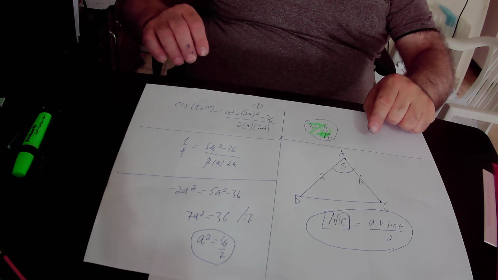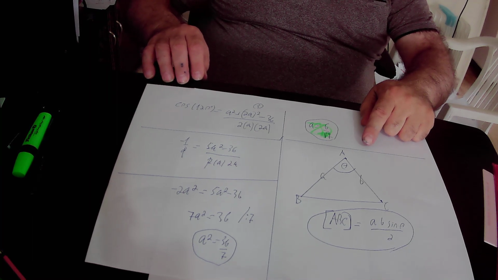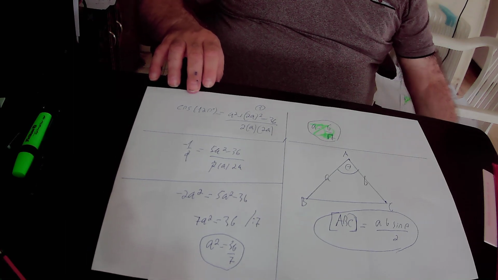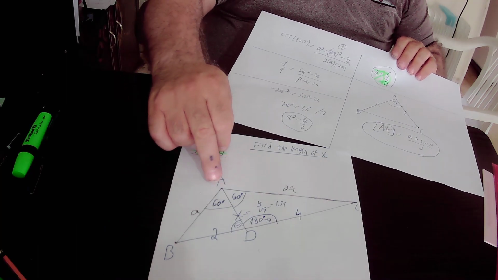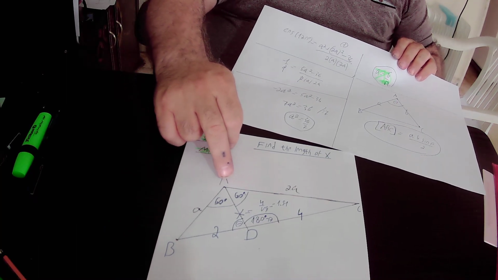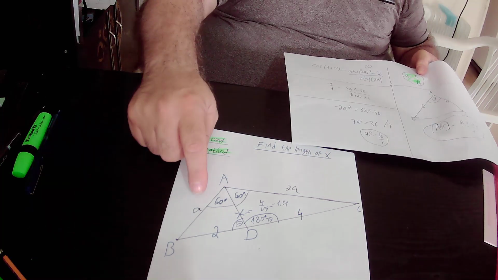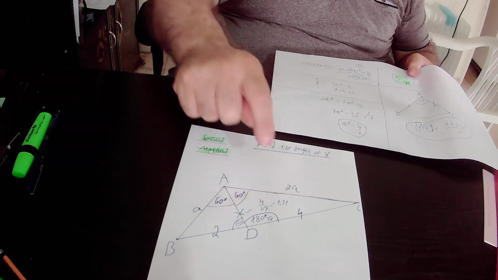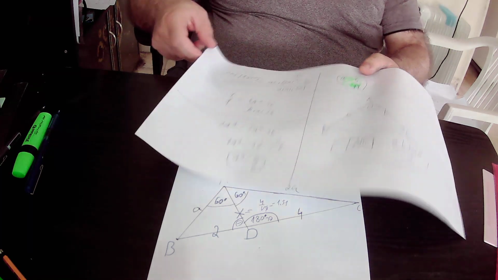Here, according to the law of cosines, we get that cosine 120 degrees equals a squared plus 2a squared minus 6 squared over 2 times a times 2a. Okay?